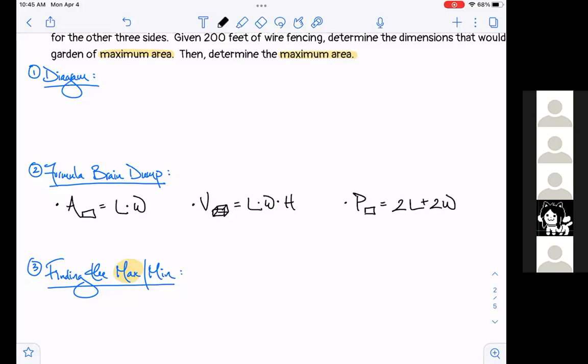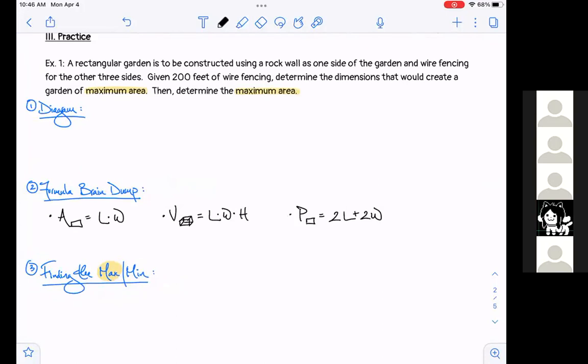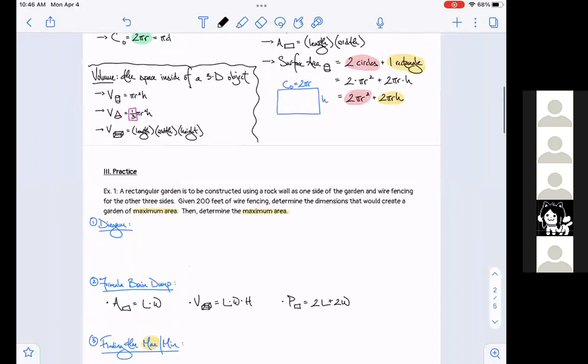Okay, great. I'm really glad that no one said pi r squared, because I know we haven't drawn our picture yet, but we don't have anything about a circle. So we probably don't want to use the pi r squared ones. We probably don't want to use any of the surface area of a cylinder.